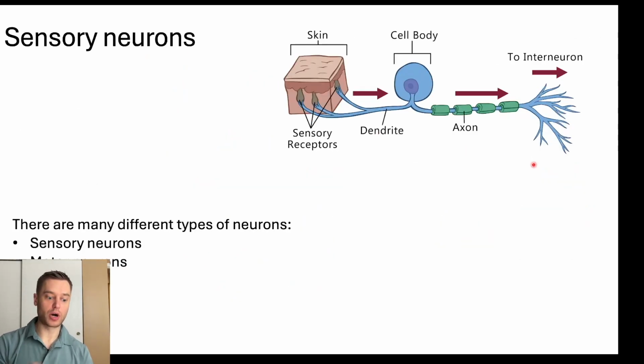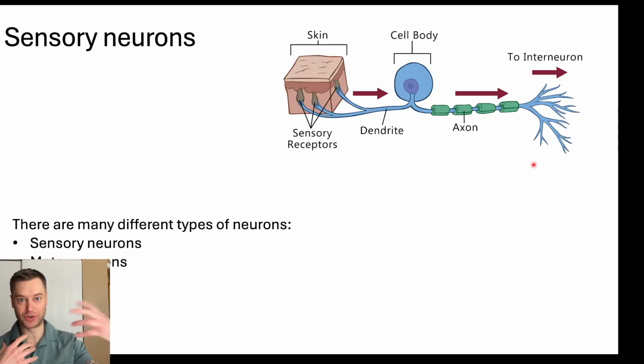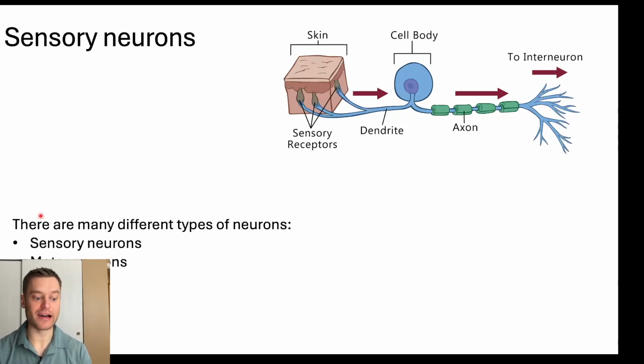So there are many different types of neurons, but for our purposes right now, while we're talking about the basic way that your body is interfacing with the physical world, there are 3 types of neurons. Sensory neurons, which are communicating or receiving information from your sense organs, right?